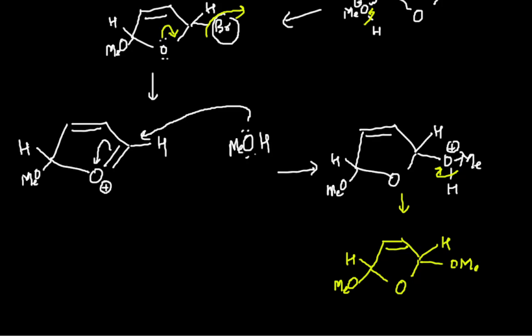Now, furan can also undergo ring opening reactions. A simple hydrolysis of enol ethers, furan, can give you 1,4 diketones. Let us look into that particular reaction. Ring opening reactions of furan.